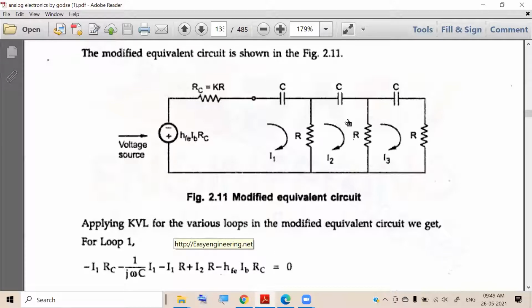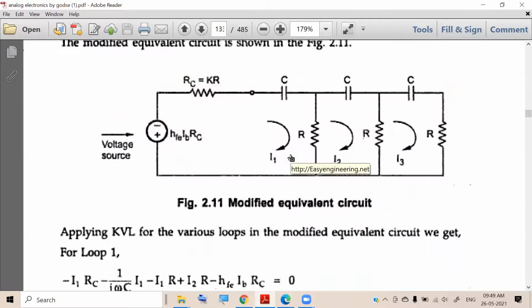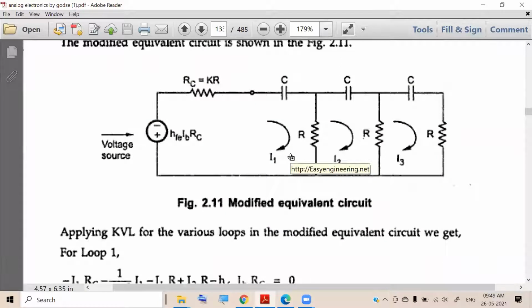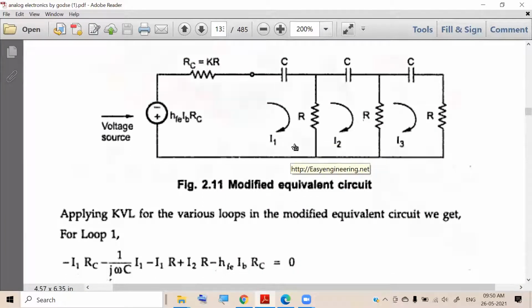I2 is also flowing in clockwise direction, but through R, I2 is flowing in upward direction. See, I2 is flowing like this, so through this R, I2 is flowing in upward direction. I1 is flowing like this, so through this R, I1 is flowing in downward direction, because the current direction is reversed.